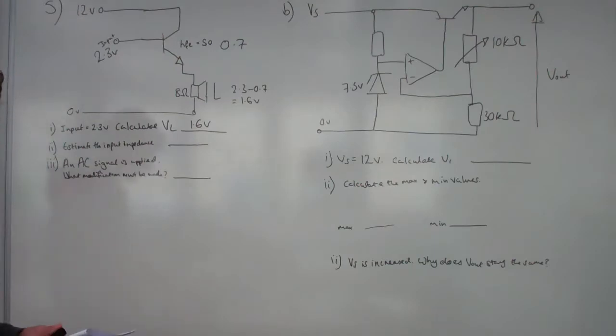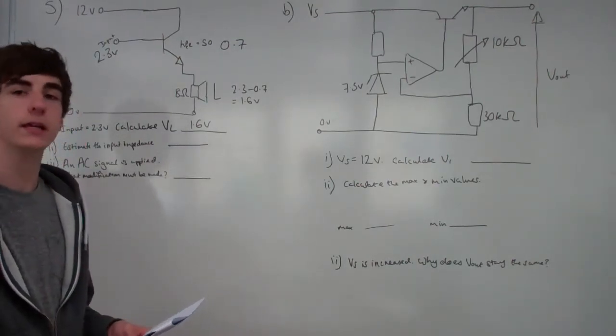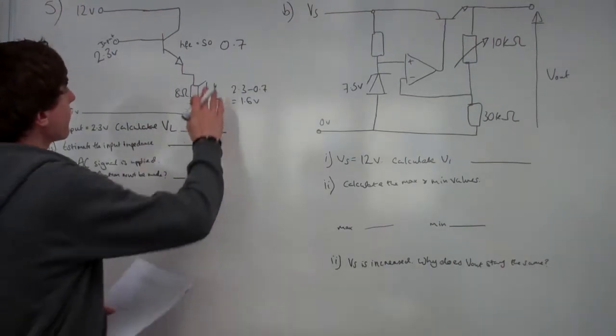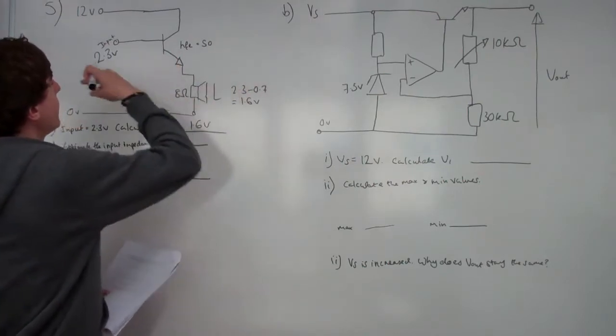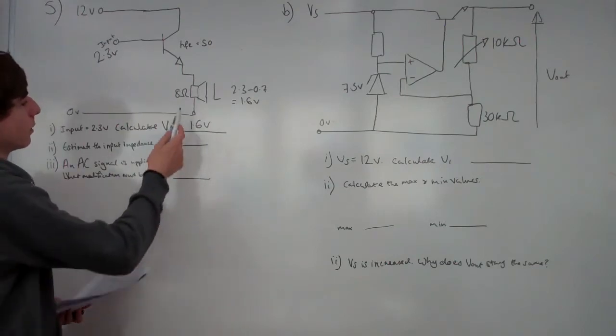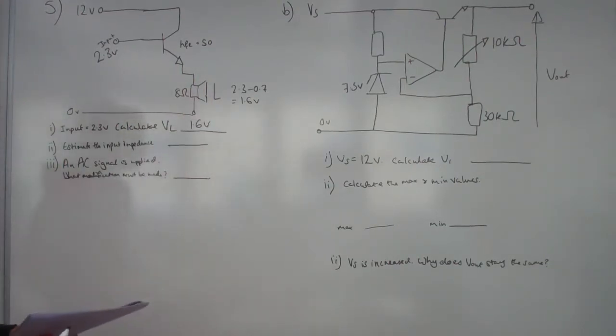Easy mark. Second question says, estimate the input impedance of this arrangement. Now, what you need to know is that the input impedance here is going to be a part of the impedance of this loudspeaker, because that's the only thing giving any resistance.